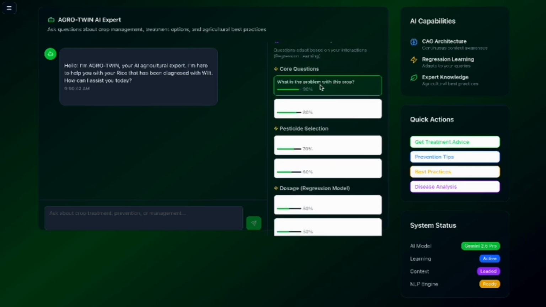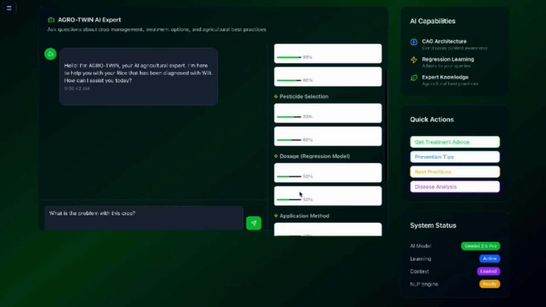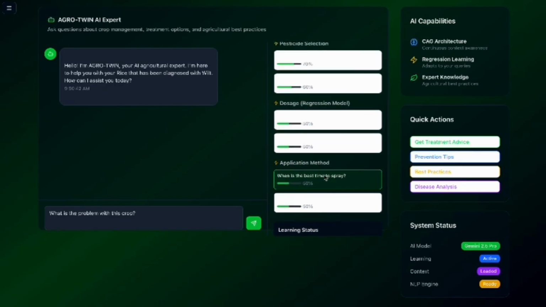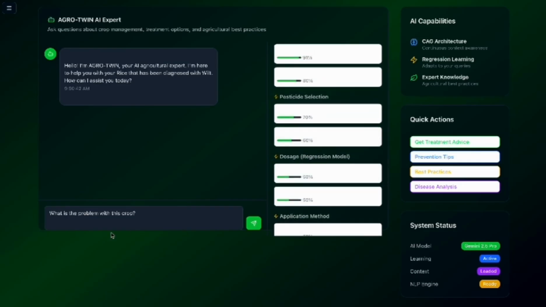Let us first take this particular question. As we can see, while clicking over here, we get the same question over here. These are the most commonly asked questions by farmers, and without any physical intervention, they just want to know how the crop is being cultivated in that particular field.